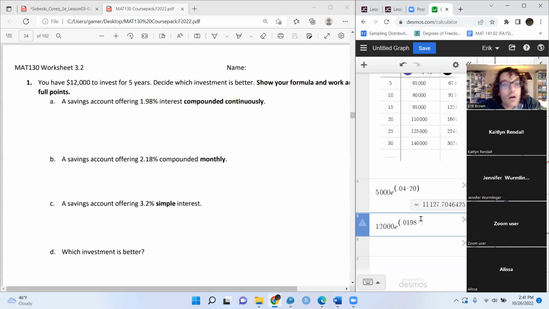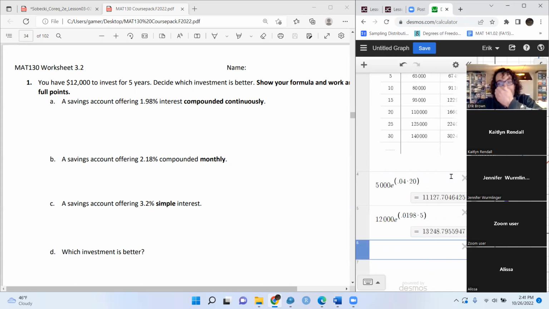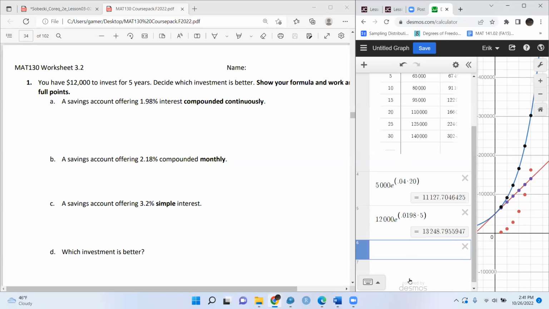Let me see. This is what I got. I should mention that we're doing what I found was the future value. I did 1.98, not 0.0198.